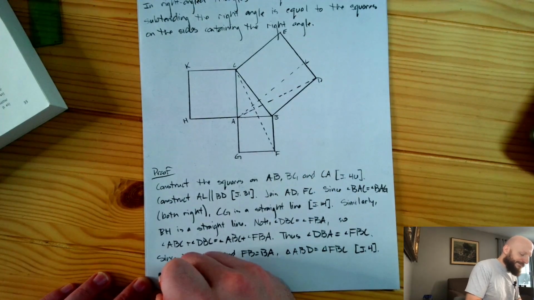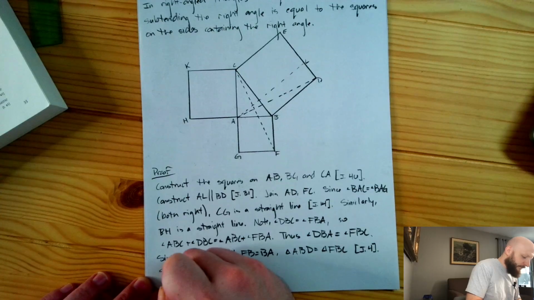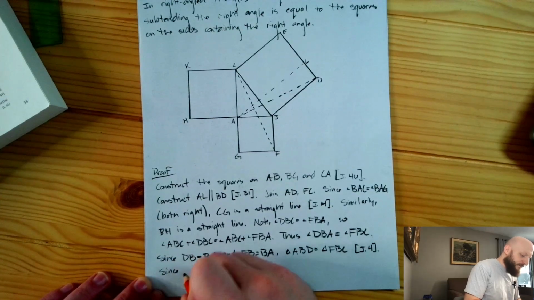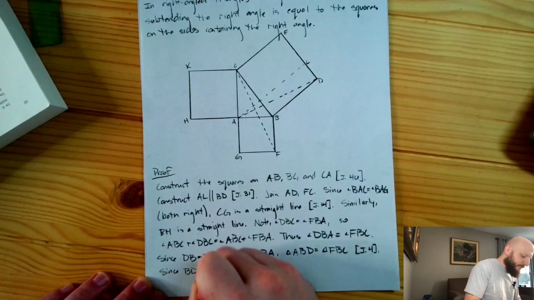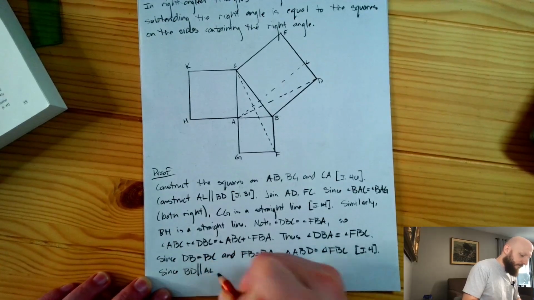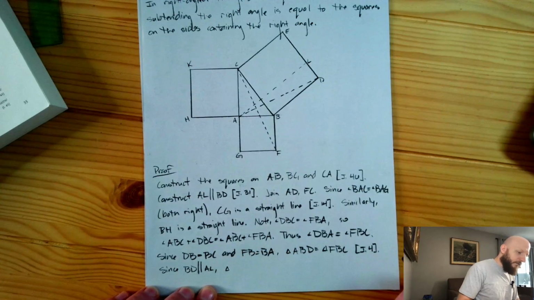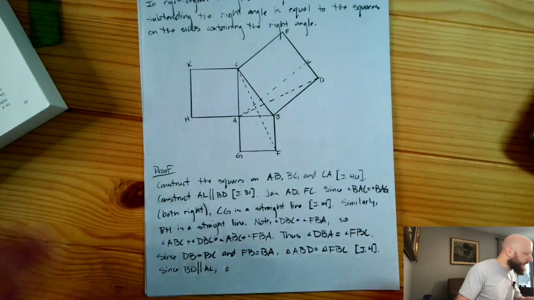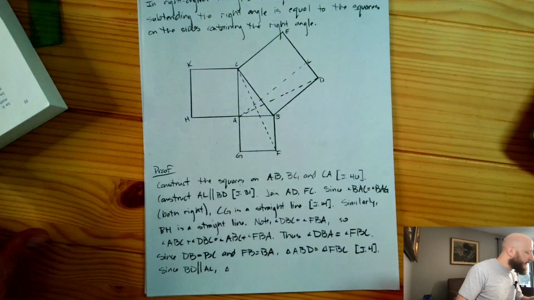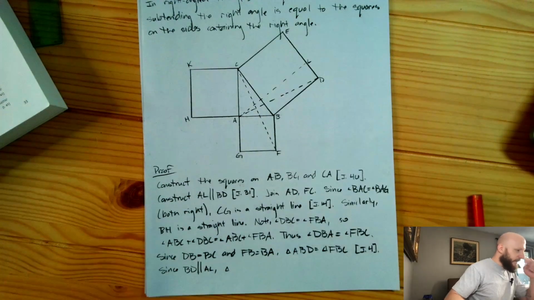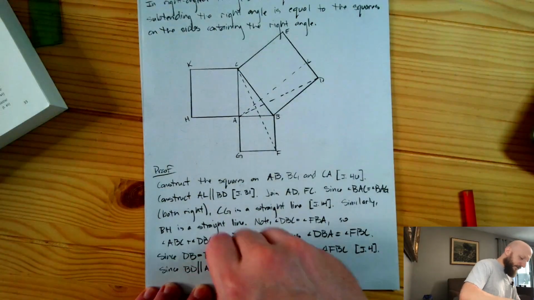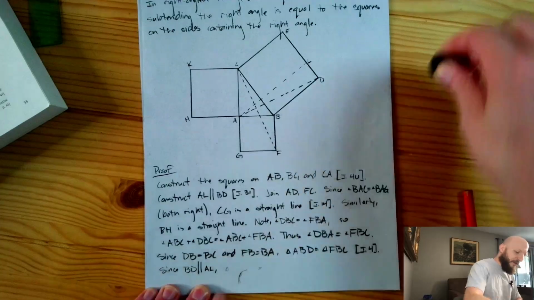So I guess I might say, since BD is parallel to AL, we get that, rather than saying the triangle is half of the parallelogram, I should say the parallelogram is double the triangle.